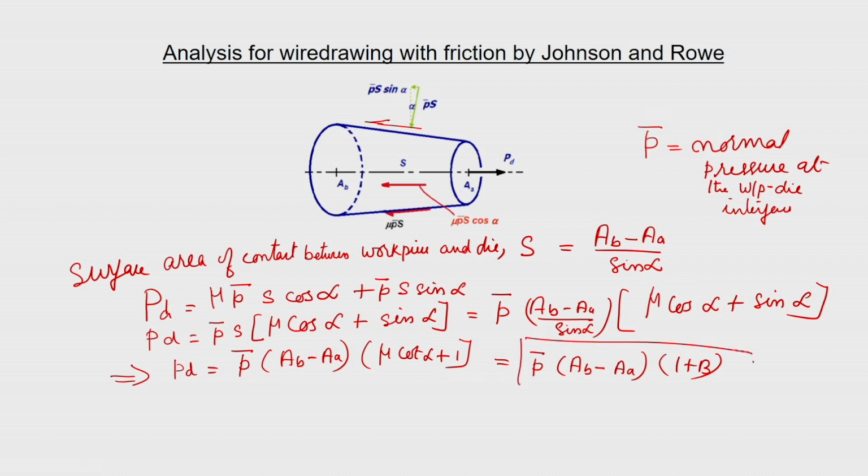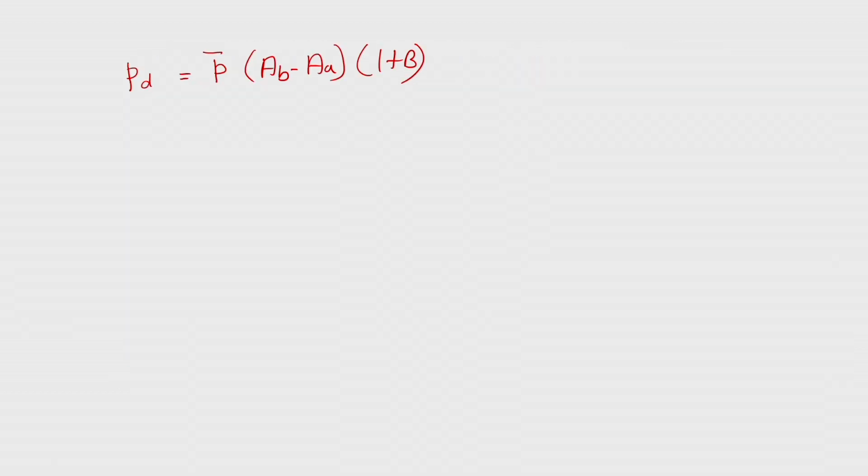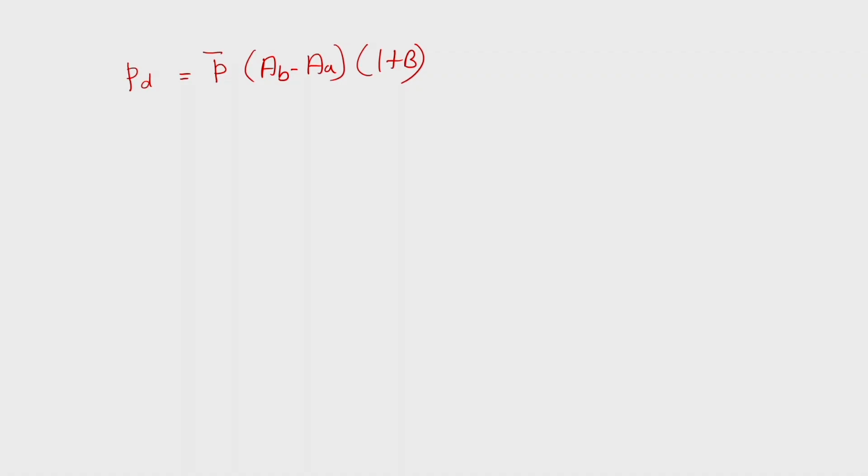So, for the draw stress, look at this relationship for the draw force. If there is no friction, if you assume that, then this B term will be 0, because mu cot alpha will be 0.